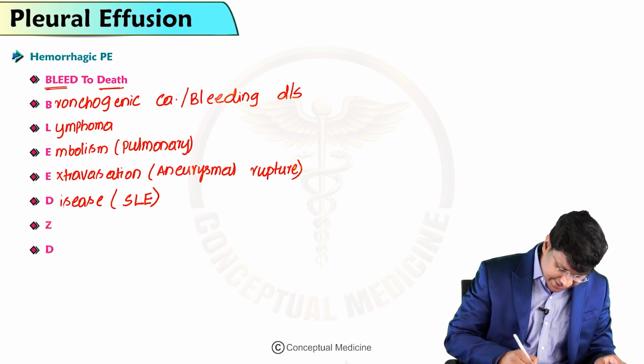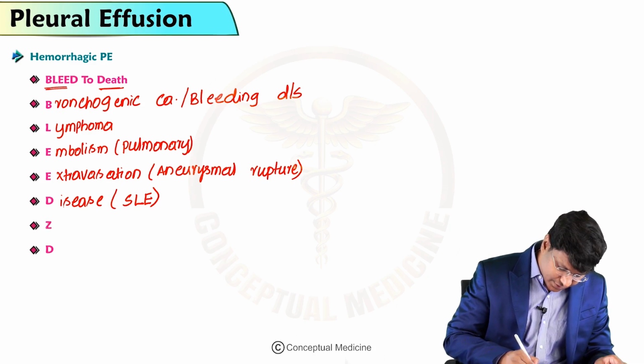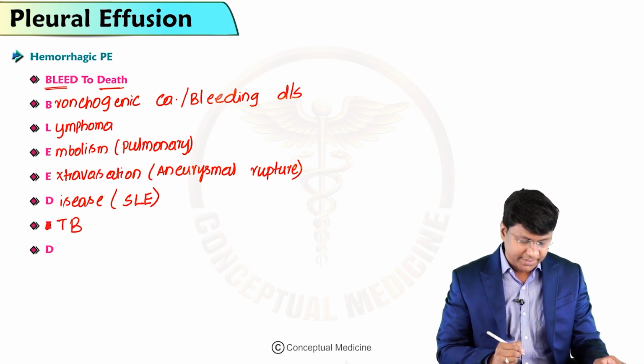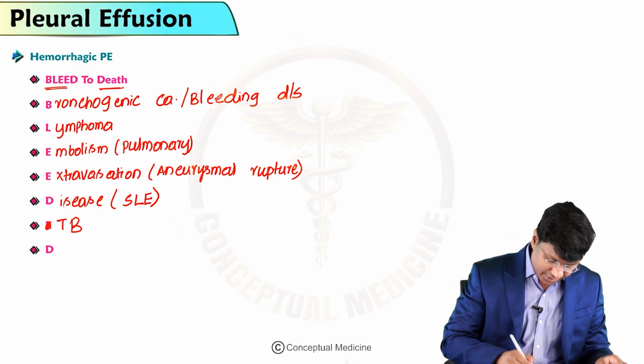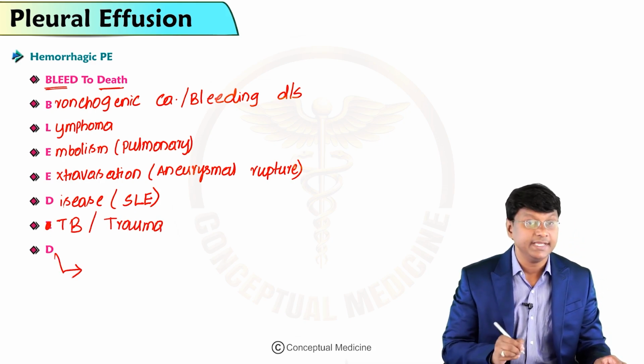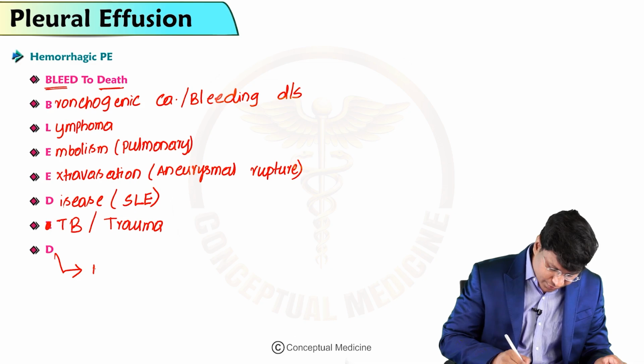And next is bleed to death. T stands for tuberculosis, where you will have hemorrhagic pleural effusion, or even trauma can contribute to the development of hemorrhagic pleural effusion. And the word D will be the drug overdose.